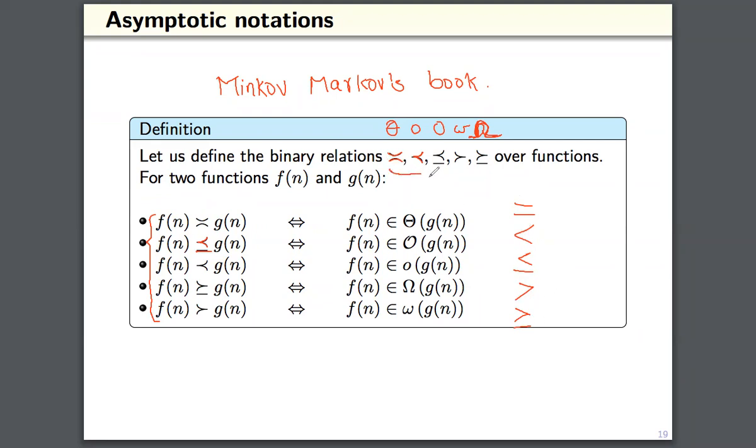Similarly, we have defined these 5 notations to compare the rates of growth of functions. Whenever we write f of n, you can assume this is a function, and whenever you write g of n, this is also a function. But whenever we are comparing these, we are comparing the classes of functions they belong to.